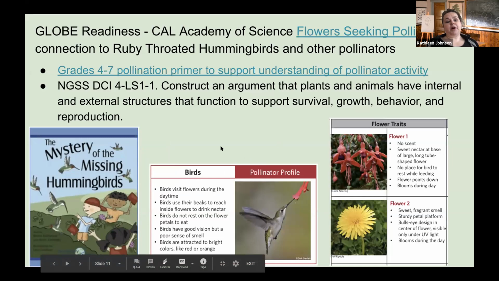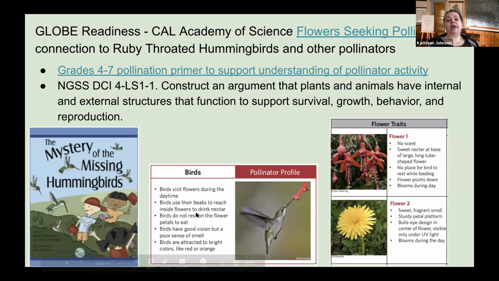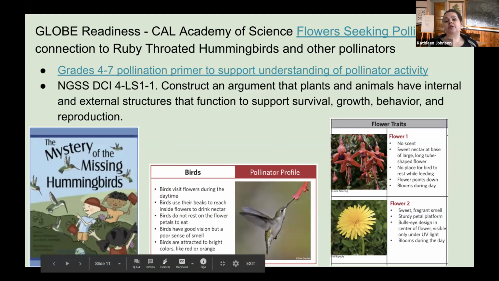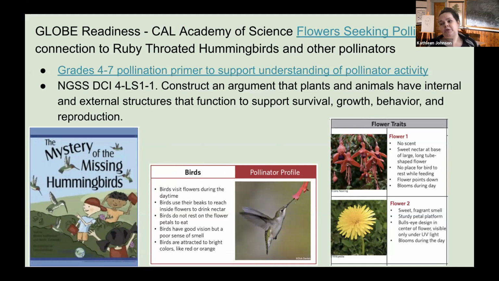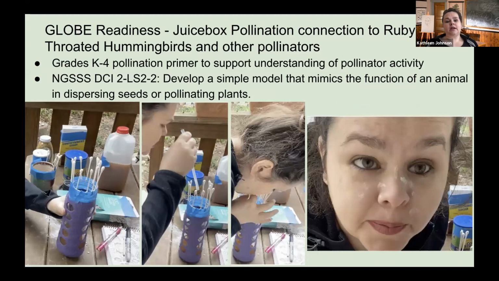They are given a pollinator profile and told you are that pollinator. By reading this profile, they look at a huge list of flower traits, this is only 2 of 10, and decide which flowers that pollinator might visit based on both the pollinator profile and the flower traits profile. Something geared toward, I would say, younger students, but I have fun with it too. So students of all ages.